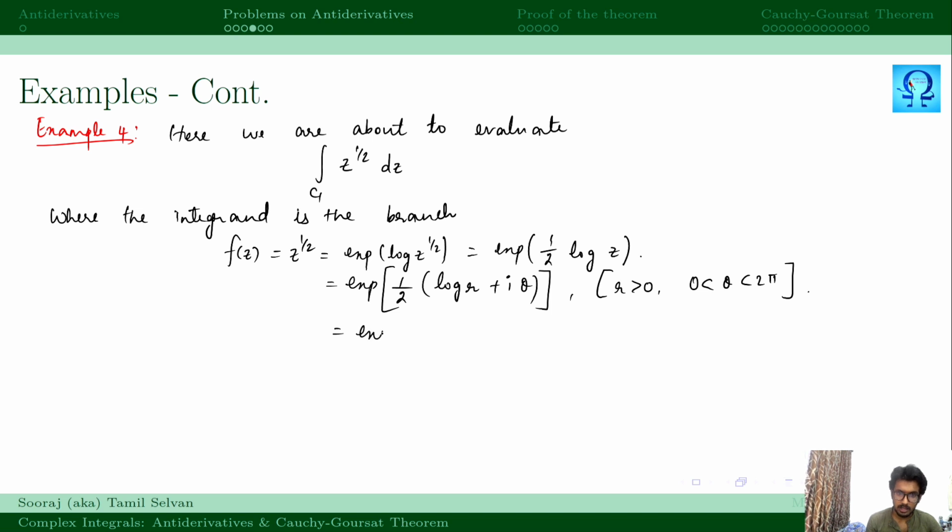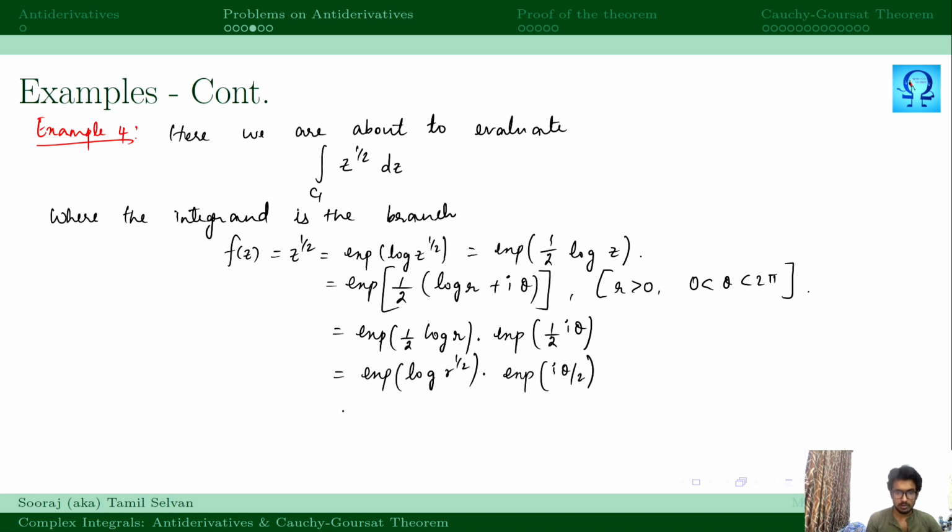Right? So this becomes exponential of half times of log r multiplied with exponential of half times of iota times of theta. So this is exponential of log r to the power 1 upon 2 multiplied with exponential of iota times of theta upon 2. So this may be written as under root r e to the power iota times of theta upon 2, with r positive and theta to lie between 0 to 2 pi. Okay, so we consider this part.